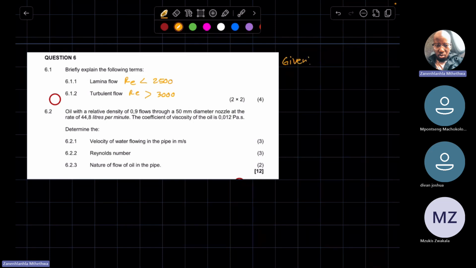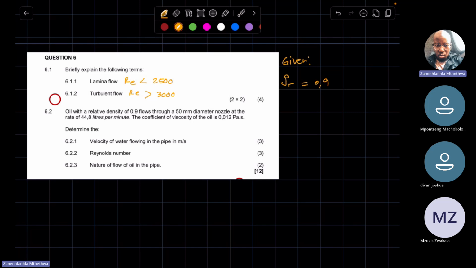So we are given the relative density of the oil. Now, this symbol is the symbol we use for density. We can call it the relative density of oil, R for relative, equal to 0.9.